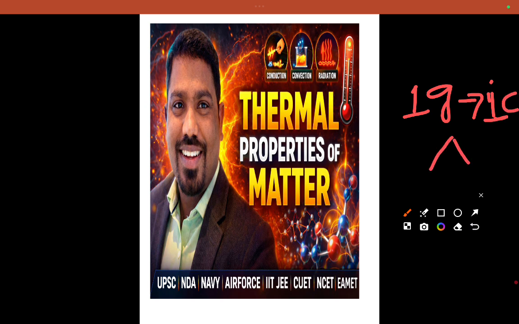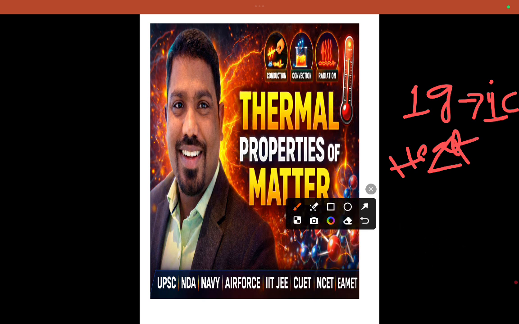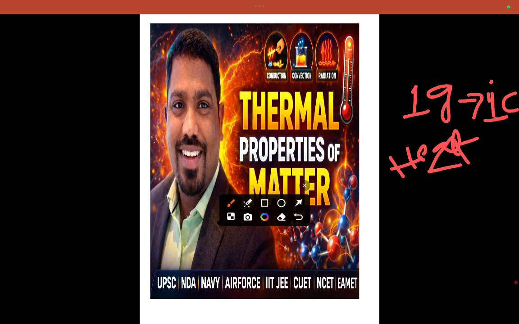For that, the heat we supply, we call as calorie. Heat will be measured by a calorimeter. A calorimeter is a device which is used to measure heat.